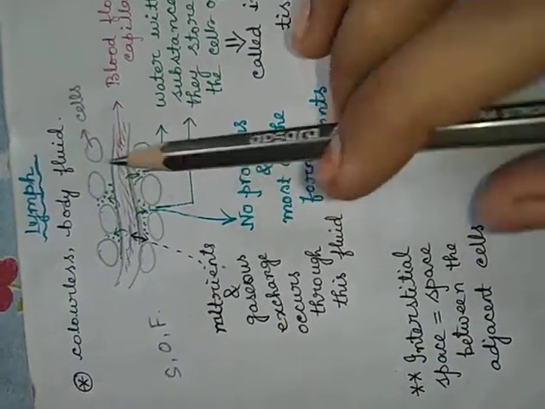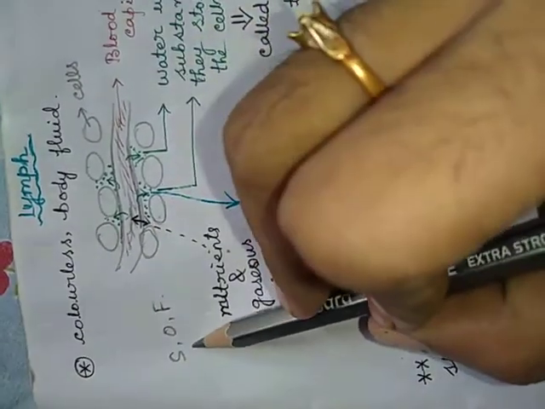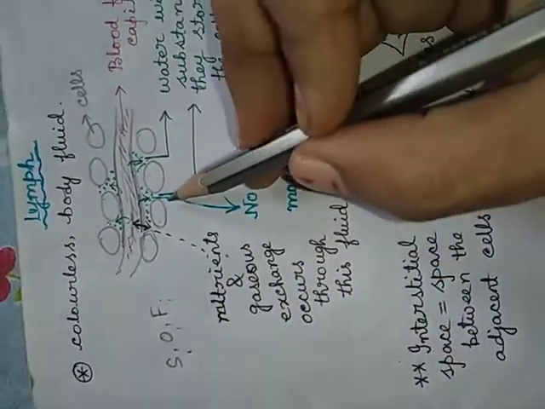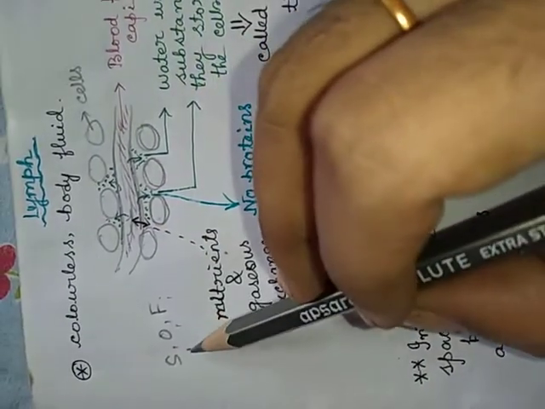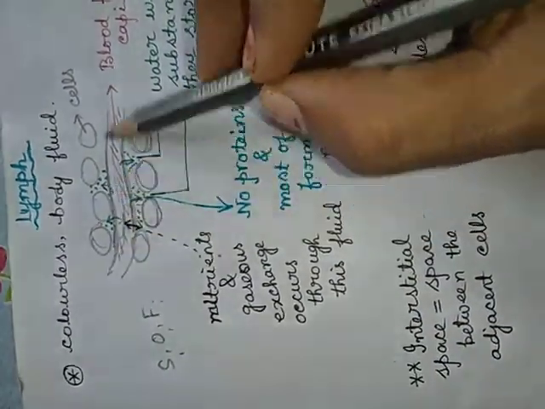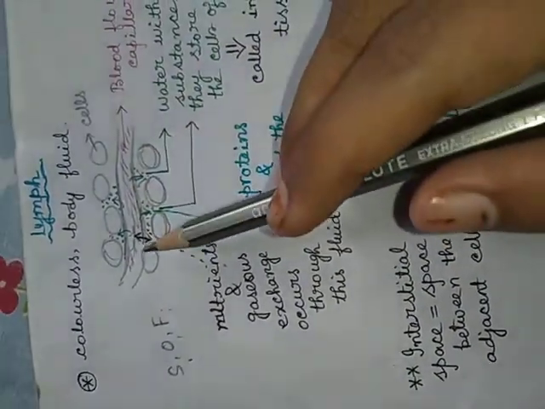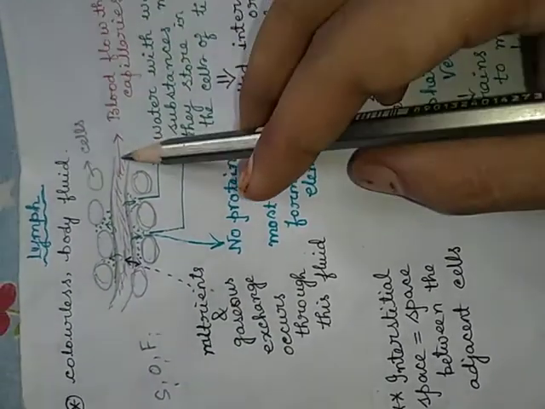Just try to understand. Suppose these are cells of similar structure, origin and function. These are some adjacent cells of the same structure, origin and function, and here are the blood capillaries through which blood can easily pass.